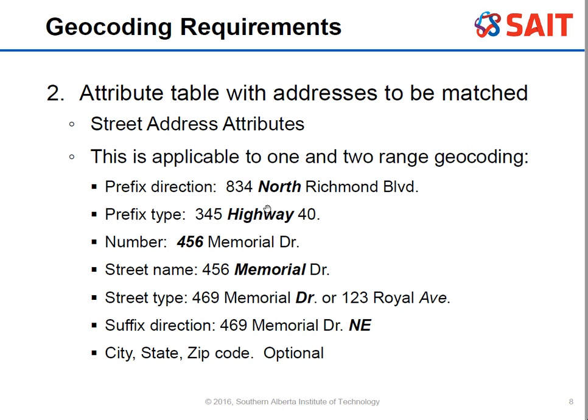For example, like a highway, we have the number, we have the street name, we have the street type, so drive, avenue, street, whatever it works out to be. Then the suffix directions. In Calgary, for example, we have everything in quadrants, so we'll have a northeast quadrant. And then there's city, state, and zip codes, which are also optional.